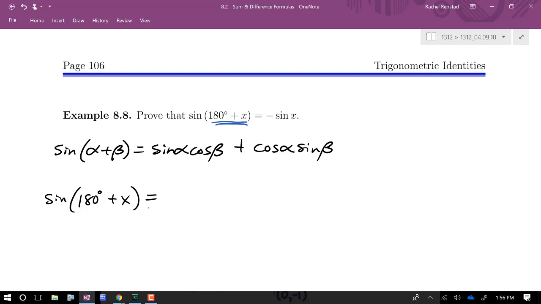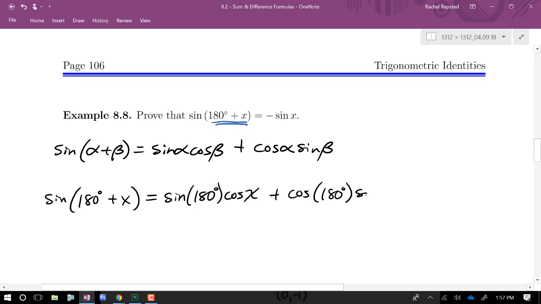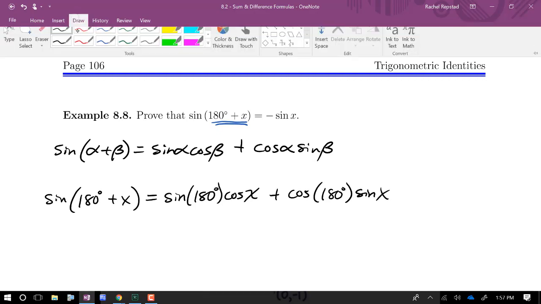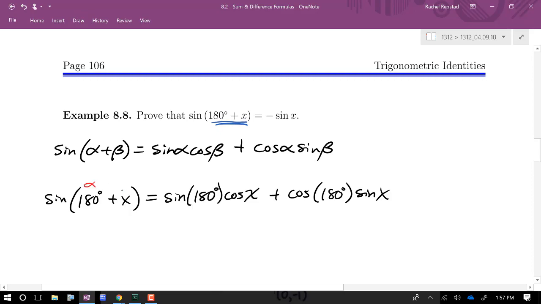Here's the identity we're going to use to help us get started. Sine of 180 times cosine of x, plus cosine of 180 times sine of x. Basically, in this sum, 180 is playing the role of alpha, and x is playing the role of beta. So we're just plugging things in where they go.